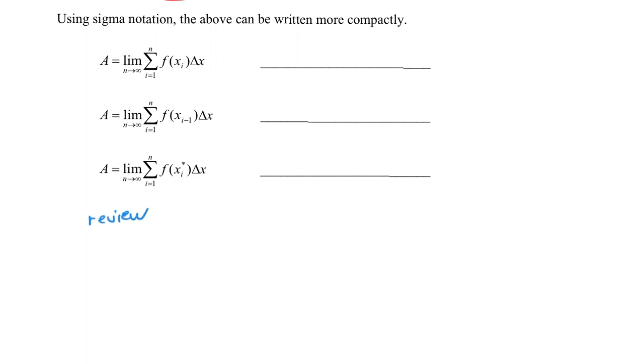So review. This is the Greek letter sigma, the capital sigma. In statistics, you'll see small sigma, which looks like this, but this is the capital Greek letter sigma. Whenever you see this sigma, it means sum.